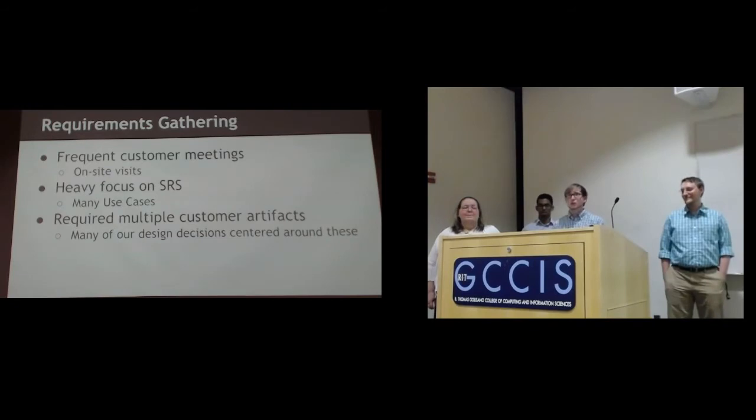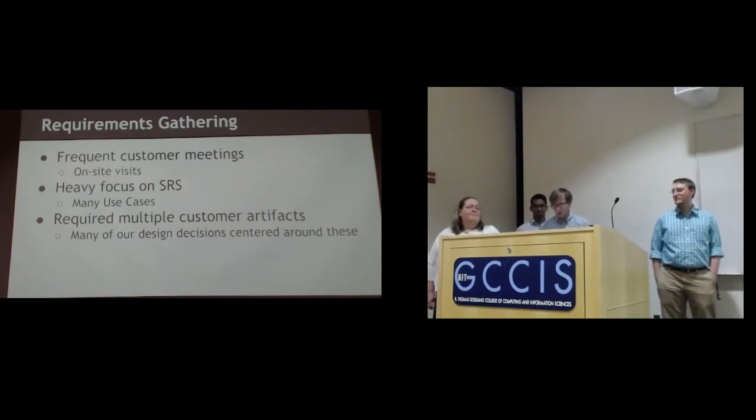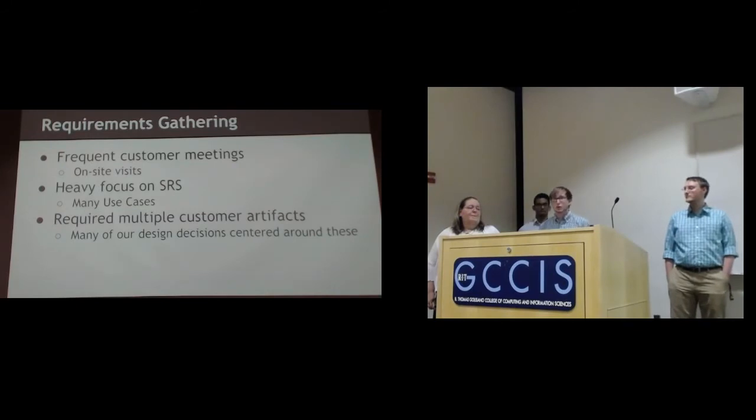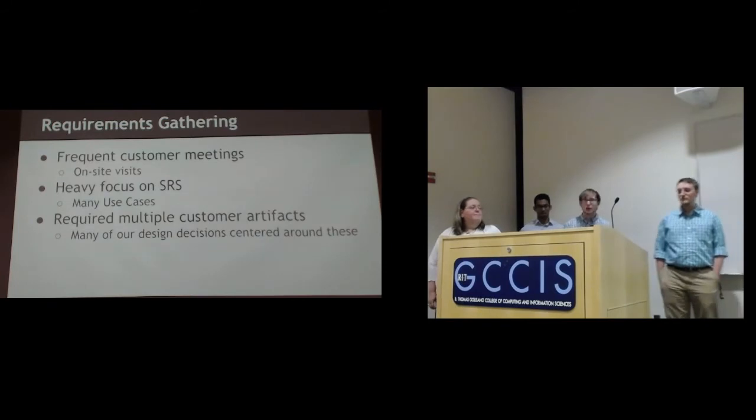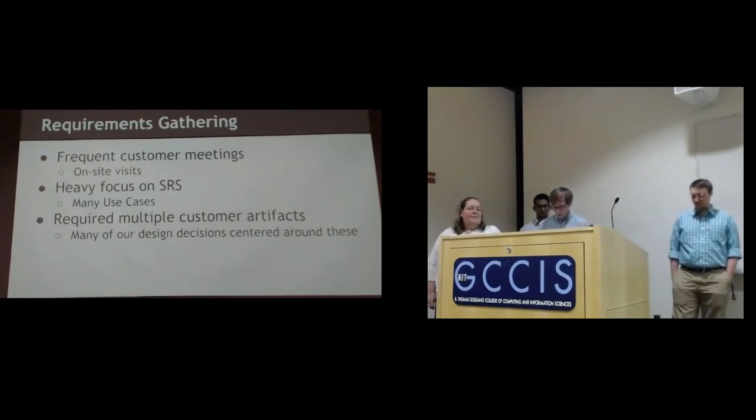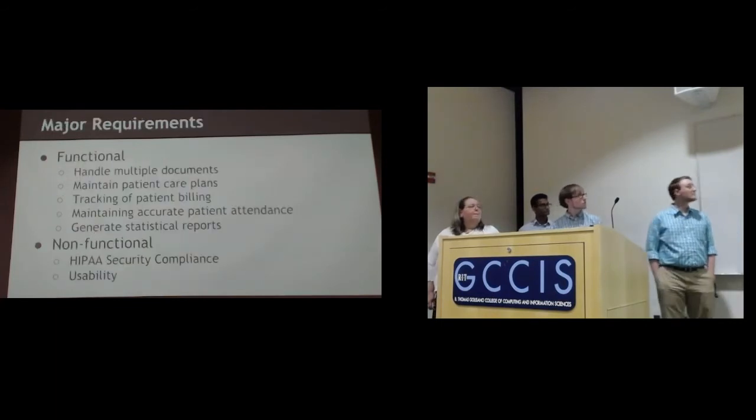We developed dozens of use cases, and even though traditional Scrum is based on user stories, these use cases are what we will be using to assign our Scrum tasks moving forward for the implementation sprints. And as Peter also mentioned, physical documents were huge. We were essentially taking dozens of documents and digitizing them, so that factored in heavily into our requirements.